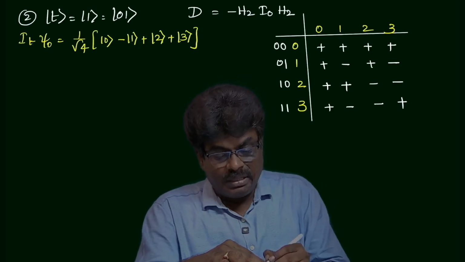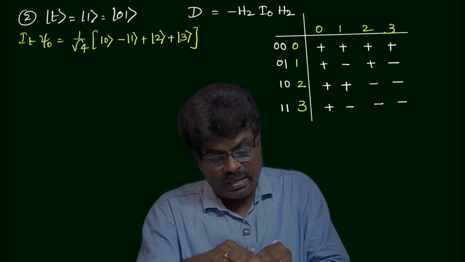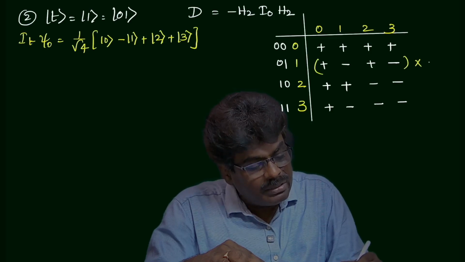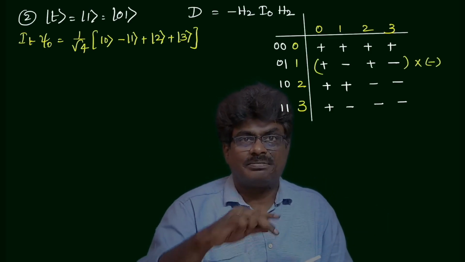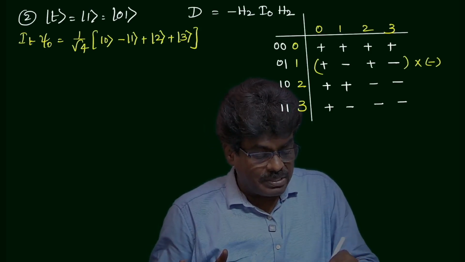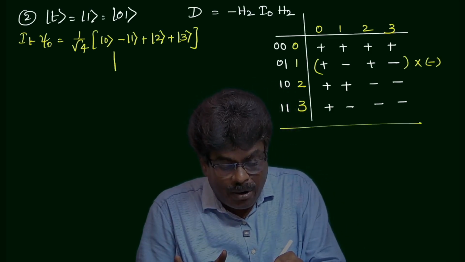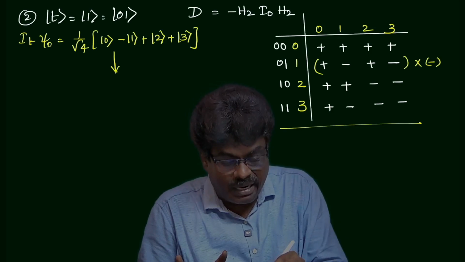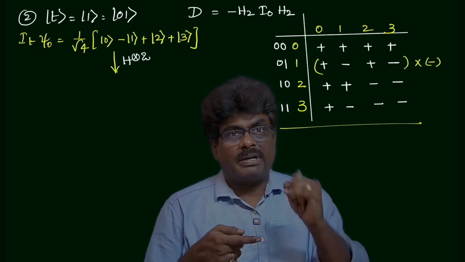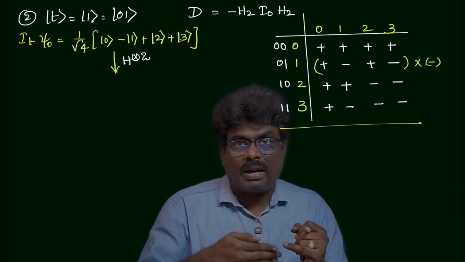Okay, so in this the target is 1, so here we have minus 1, that's why I'm taking this 1 into minus extra. Okay, now without doing this, please try to say, once you operate the Hadamard operation on this, what is the meaning of that? H tensor 2 operates on 0, operates on minus 1, operates on 2, and operates on 3, and then you are adding all the things.